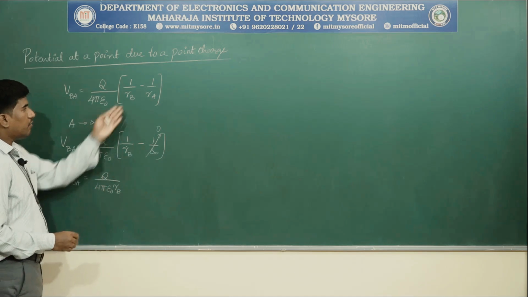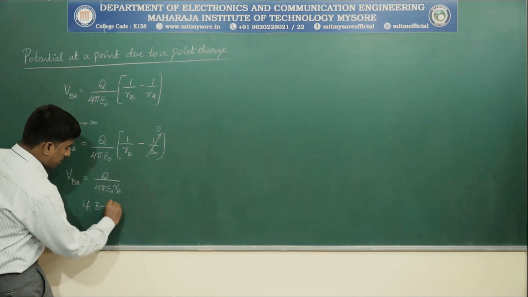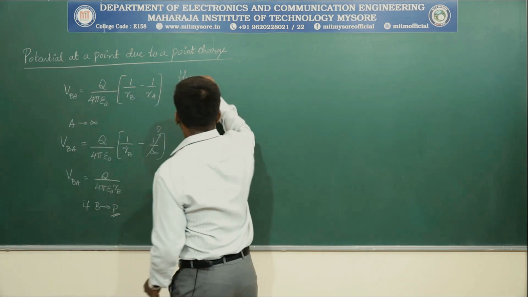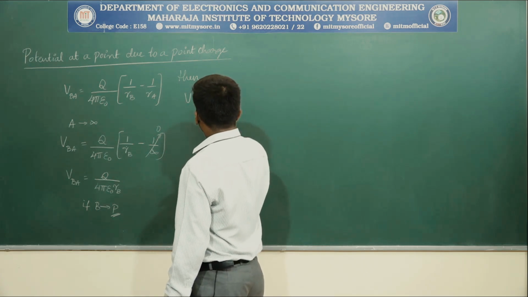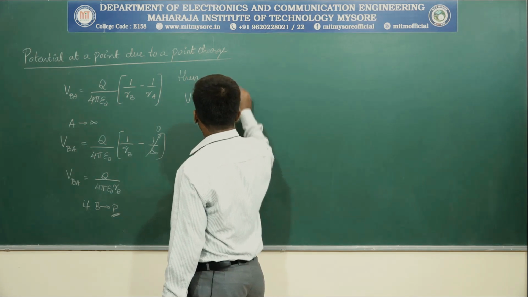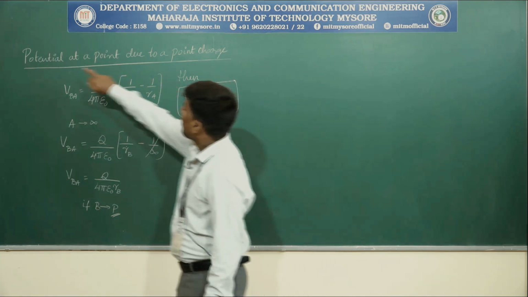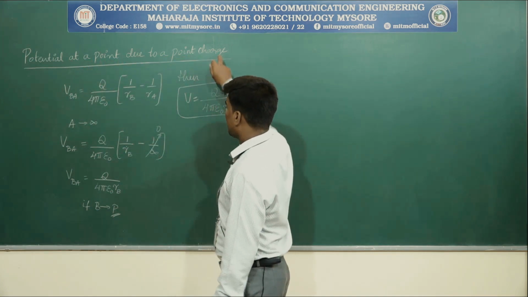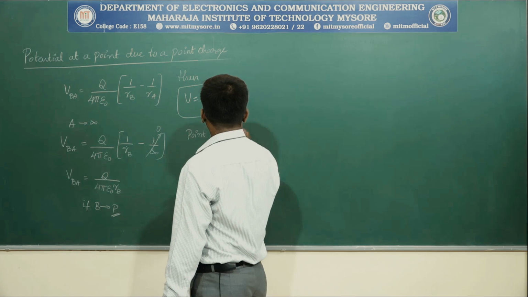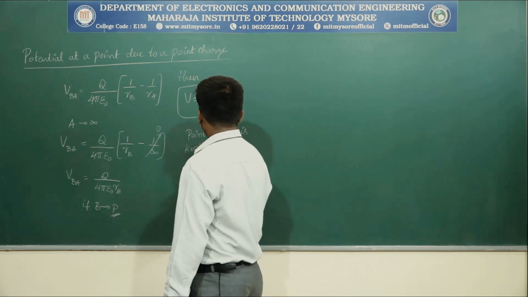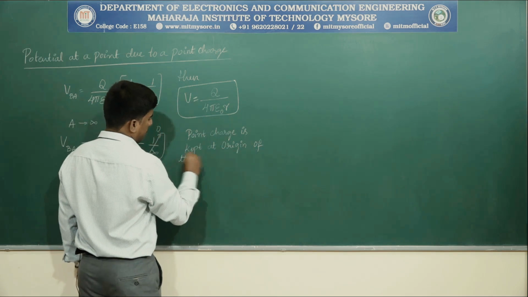In general, if the point B is at a particular point P, this becomes the general equation for V. V is equal to Q divided by 4 pi epsilon naught into R. This is the general equation for potential at a point due to a point charge, provided that the point charge is kept at the origin of the coordinate system.